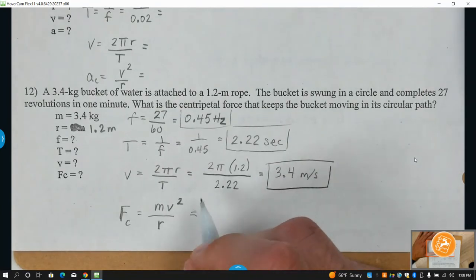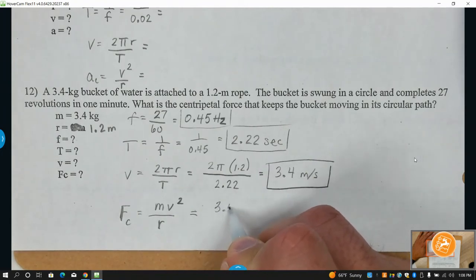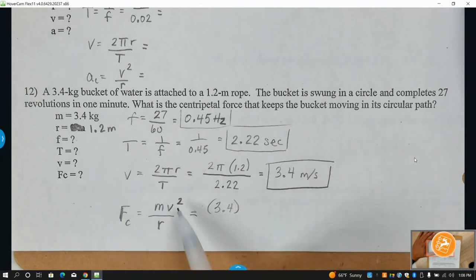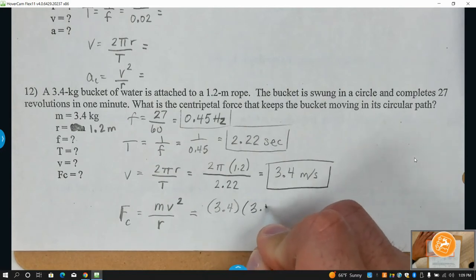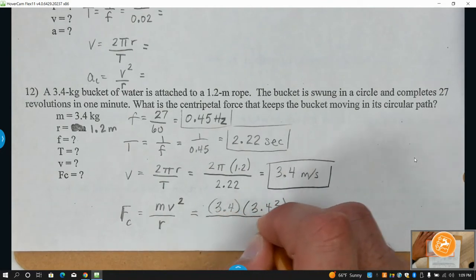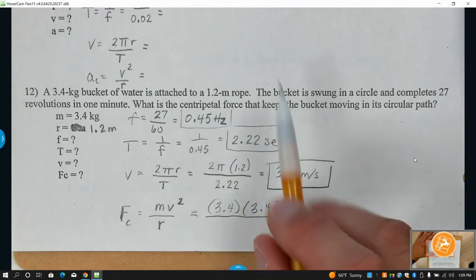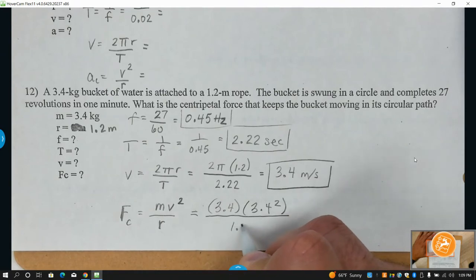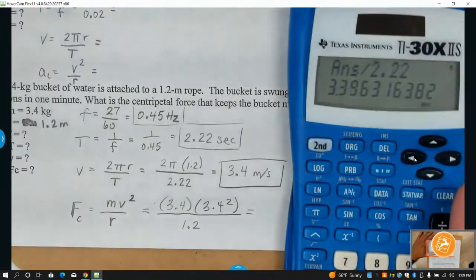And now centripetal force. Mass is 3.4. V is, oh, well, all right, 3.4 as well. We're going to have to square that because velocity is squared. And then the radius, what was the radius again? 1.2 meters. And then we are going to plug and chug.